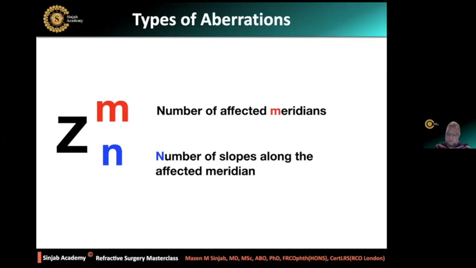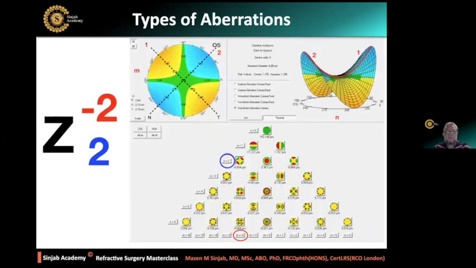Let's see what this means. Okay, let's take this low order aberration. This is the astigmatic, vertical astigmatic, low order aberration associated with the rule astigmatism. What does it mean?